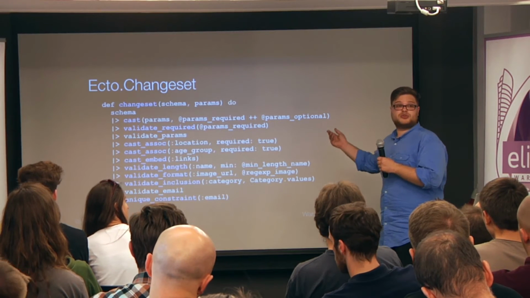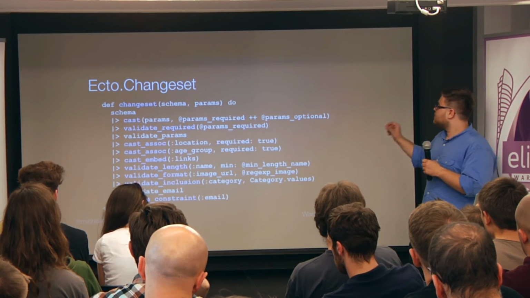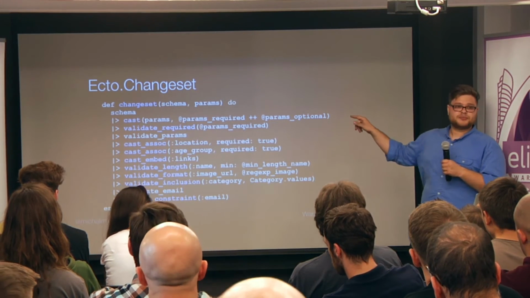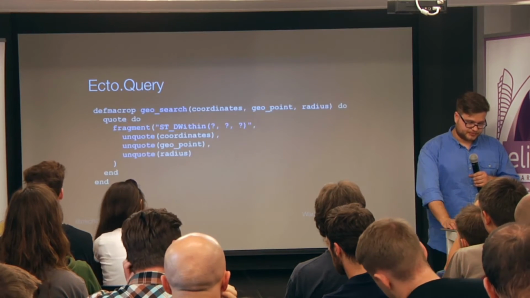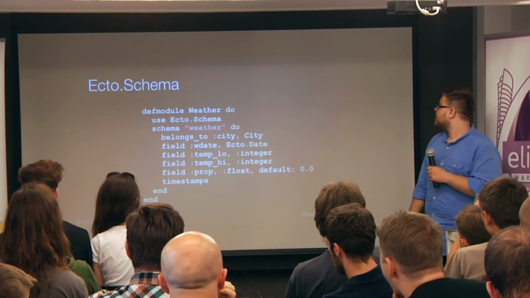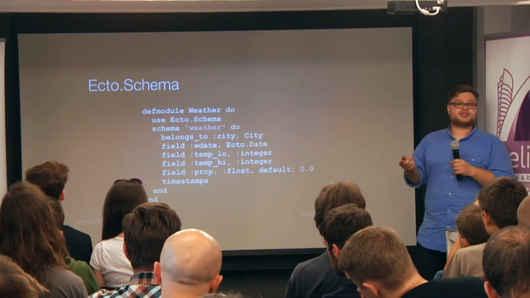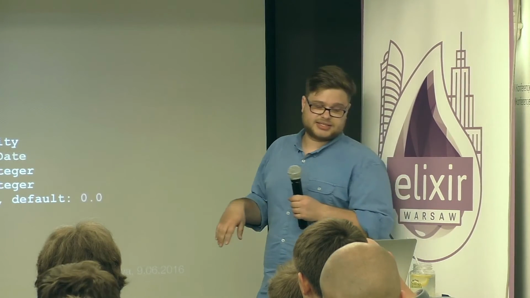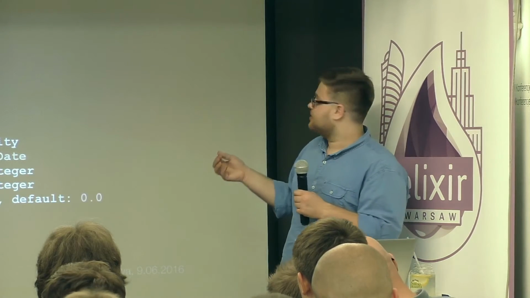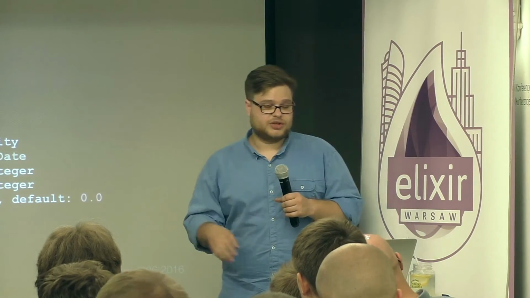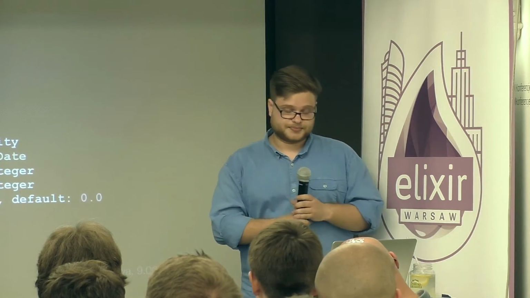Well, first, you need to cast the params to the proper types. So the cast call here will look at the schema declaration we saw before, and we'll see that the wdate is date, so it will try to parse date format, and the temperature is integer, so it will parse integers, and the PRCP is float, it will parse floats, there are timestamps, and they can be other fields as well.